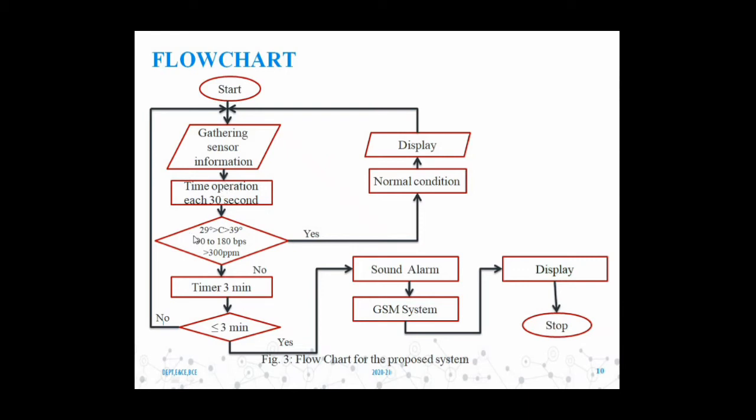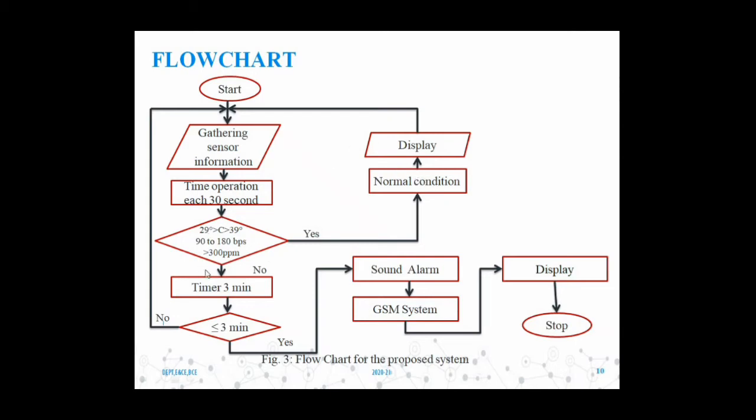If the temperature ranges between 29 to 39 degrees Celsius and heartbeat ranges between 90 to 180 beats per second, and the toxic gas concentration is below 300 ppm, then it's a normal condition. The sensor data will be displayed continuously on the LCD screen.